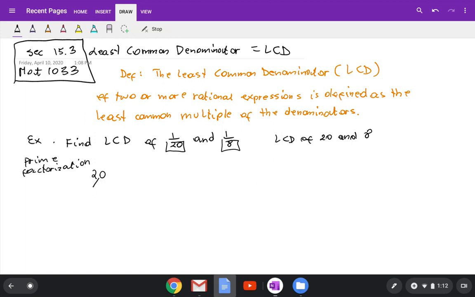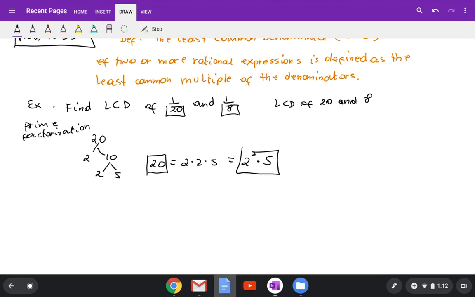You take 20, divide by 2, and you end up with 10. 10 divided by 2 gives you 5. So you can rewrite 20 as 2 times 2 times 5, which is 2 to the second power times 5. Now do the same thing with 8.